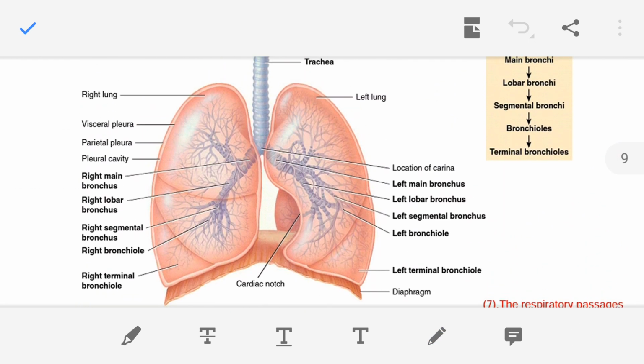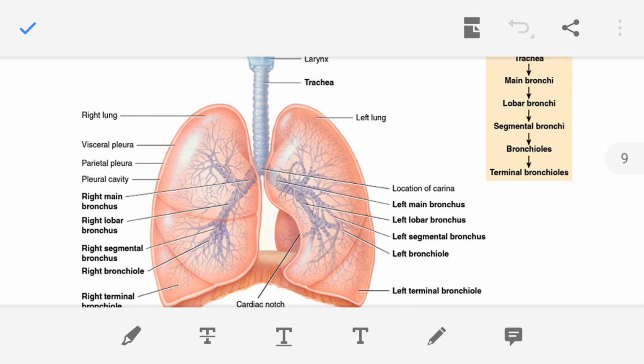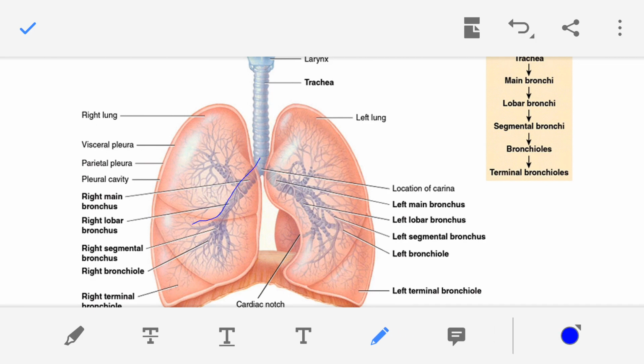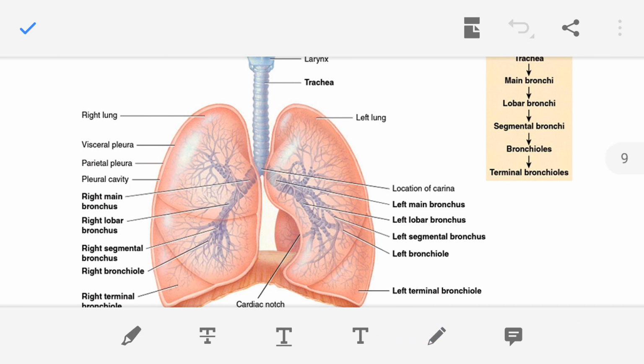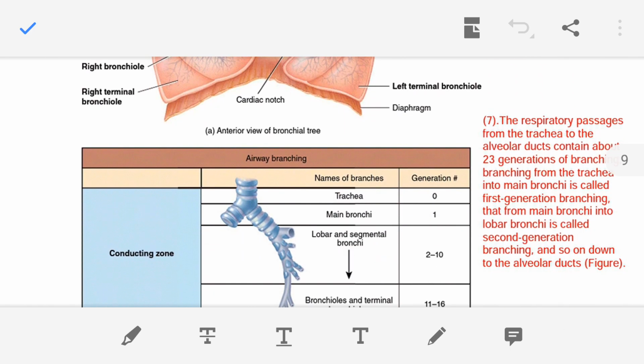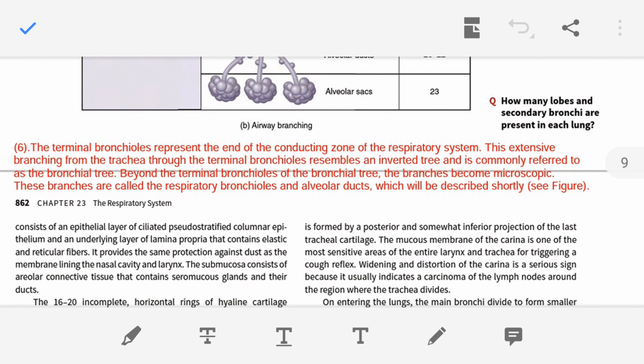If you observe closely, all these branches together look like an inverted tree, known as the bronchial tree.